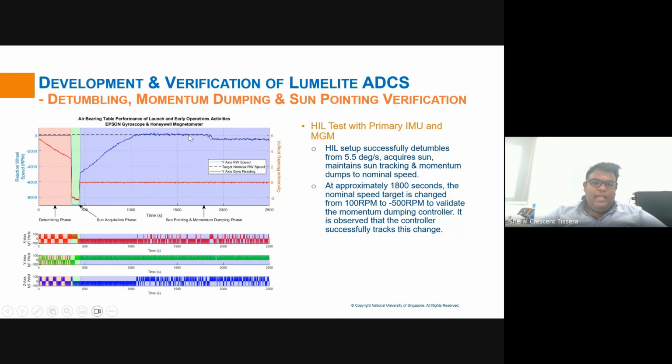So you can see that the noise level of this graph is actually lower than the previous graph. Also, for the momentum damping algorithm, we are able to change the set nominal RPM value. So for example, at 1800 seconds, we actually change the nominal RPM of the reaction wheel from 0 RPM to 500 RPM. And the momentum damping algorithm is able to follow this change in set RPM.